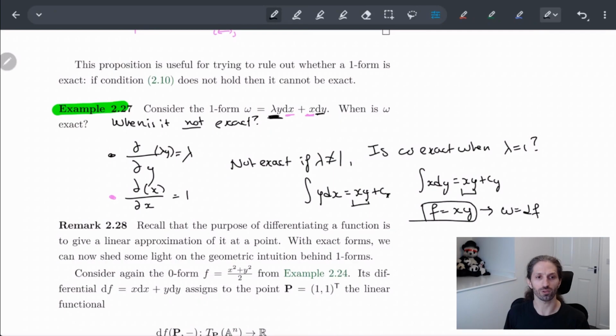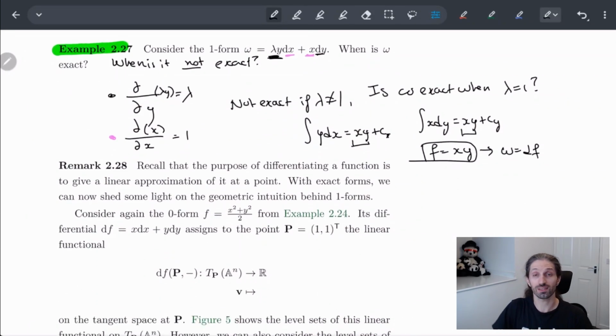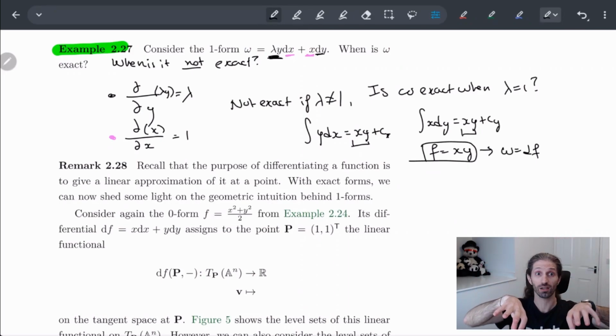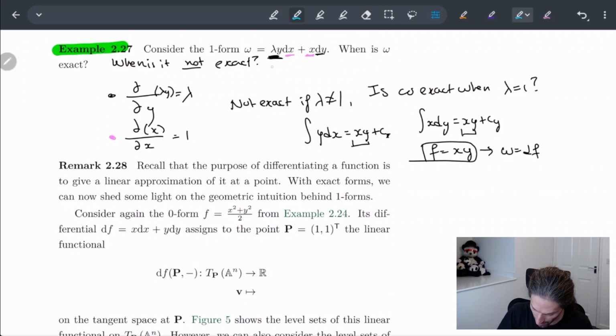So why did I do this? I'm going to break this down a little further, even though this is going to make the video longer, because I think when I did the integrals, you might wonder, why did you do these integrals? Basically, since I know that I want to take the derivatives of some function to get these components, because exact is basically saying that these components have to come from some df, I want to take some derivative of something, either x or y.